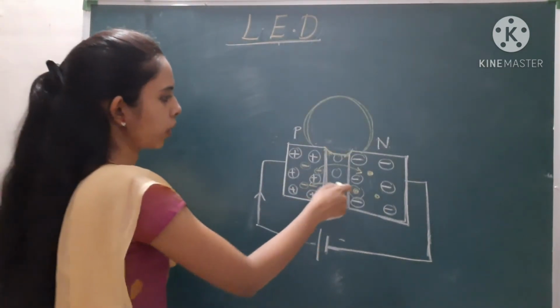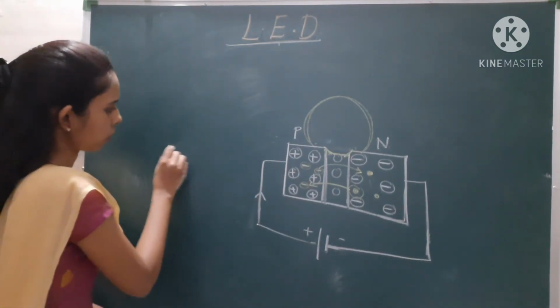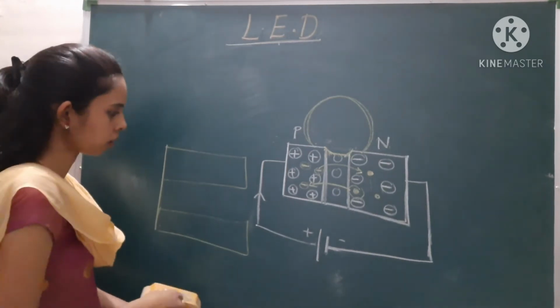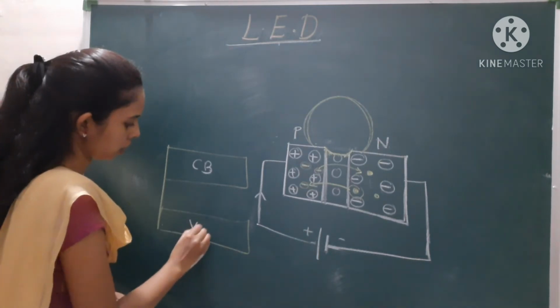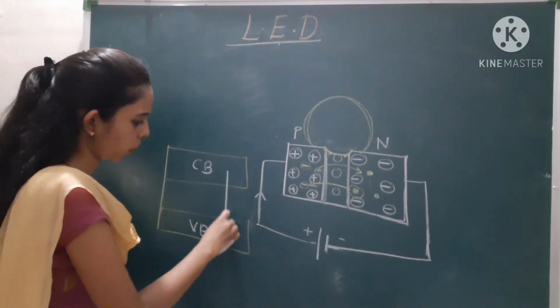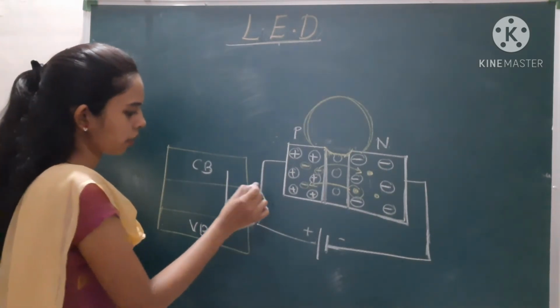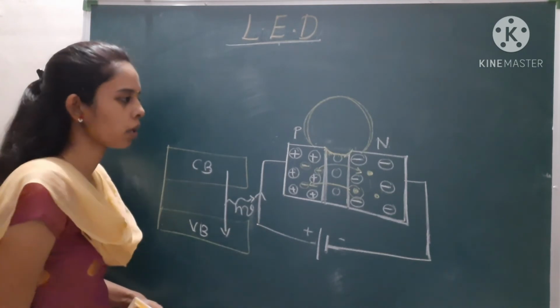Now here what is going to happen? Let us see in a different way. This is the conduction band and this is the valence band. From the conduction band, if the electrons jump towards the lower level, then energy is liberated or radiated out, and this energy is equal to h nu.